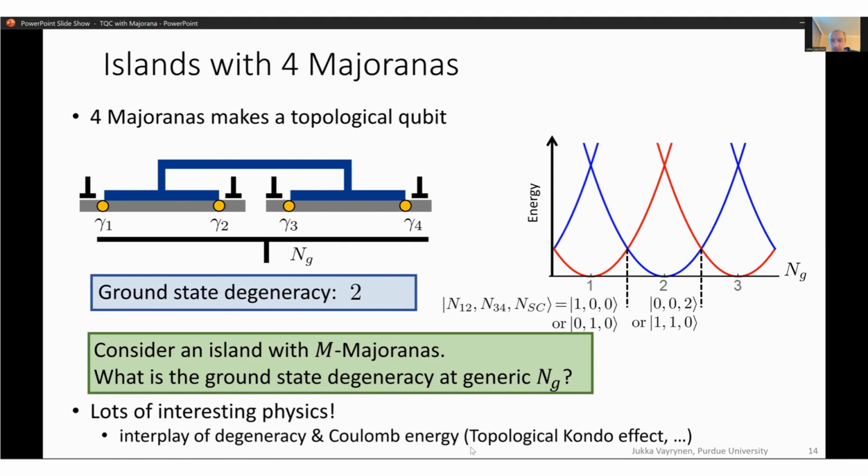For example, something called the topological Kondo effect that I have done a lot of work on. But for qubit purposes, it's enough to consider this case of 4 Majoranas, where we basically have a single qubit now.